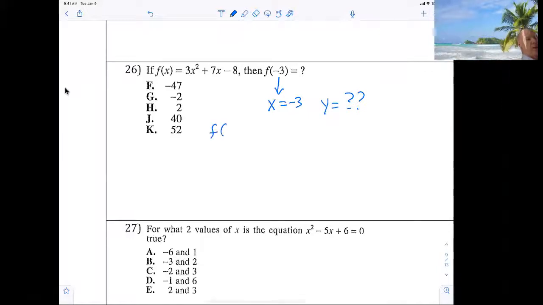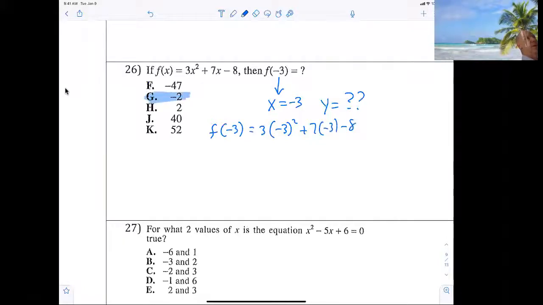So f of -3 equals 3 times -3 squared plus 7 times -3 minus 8. Who's got it? Somebody said -2. I definitely do not believe him. Anybody else get -2? Yep.